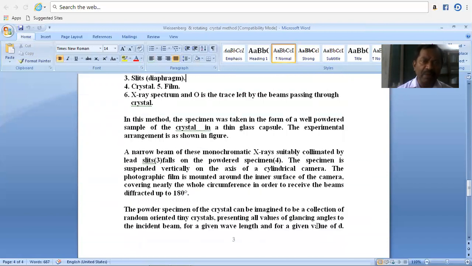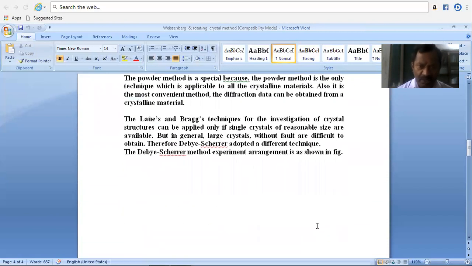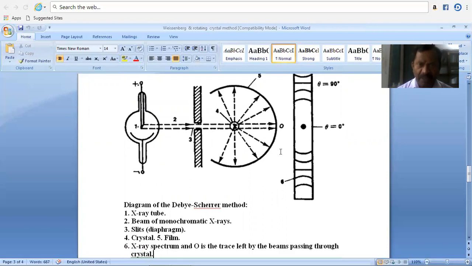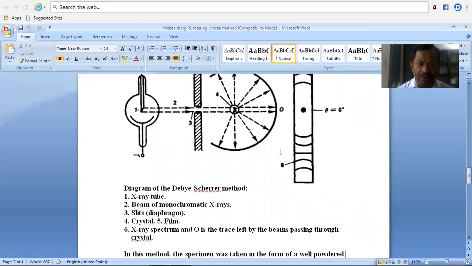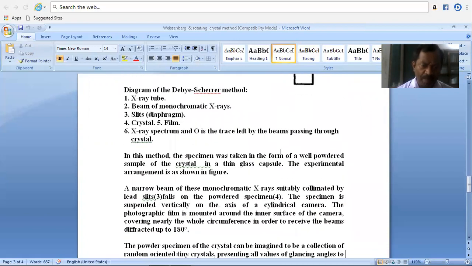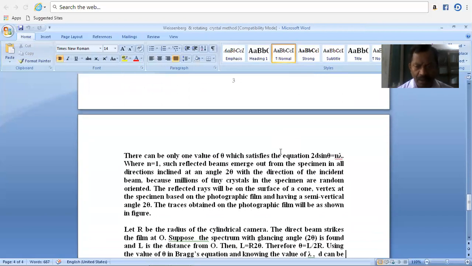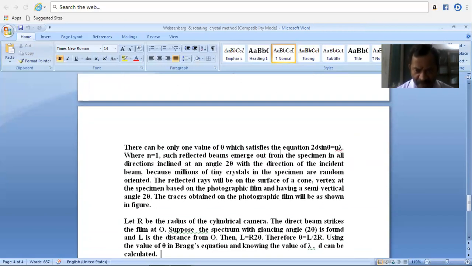This is the O. See, this is the direct beam after the slits and the crystal. Let the direct beam strike the film at O.